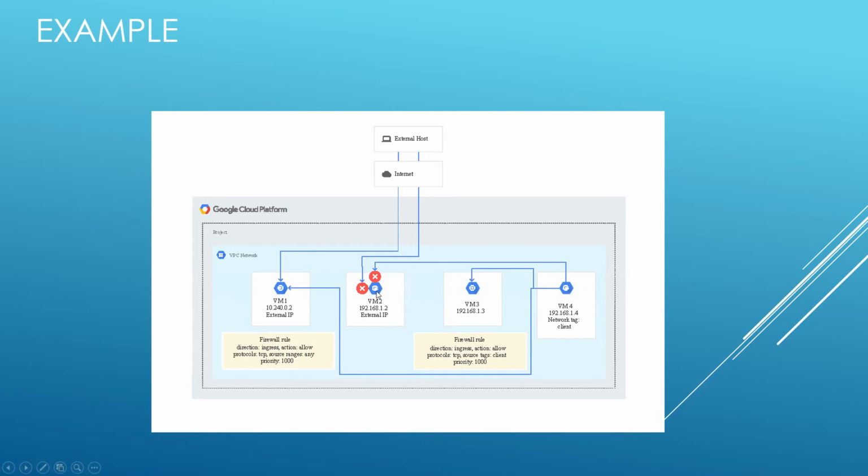Whereas this VM cannot reach this instance because it has no firewall rule associated with it. Also, you can see this VM can get the external traffic because it has an external IP address, and it also has a firewall rule which is allowing incoming traffic. Whereas this one has an external IP address, but it has no firewall rule. Because of that, you cannot reach this VM instance from an external source.